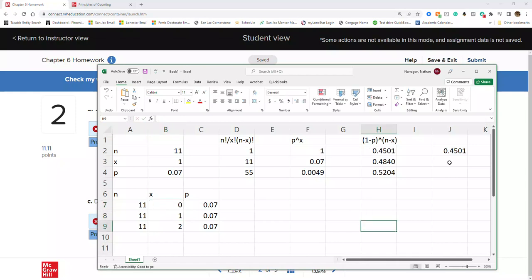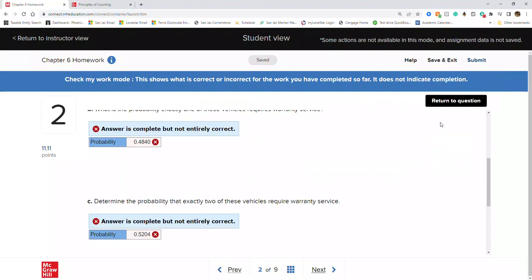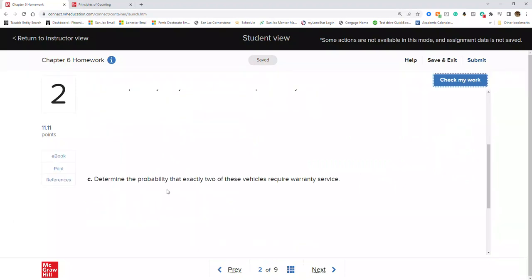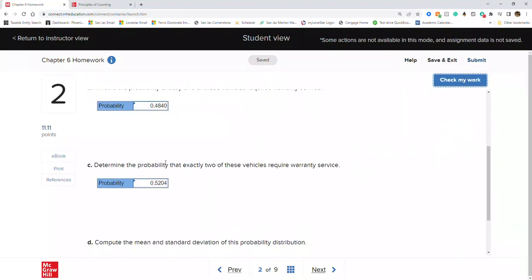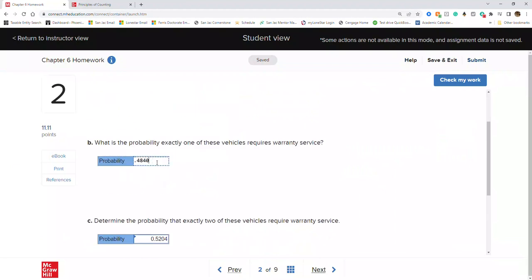My bad. I forgot to drag down the last of the formulas. So 0.3727. You have to make sure all formulas get dragged down. Chapter 6 couldn't be any more fun. 0.3727.